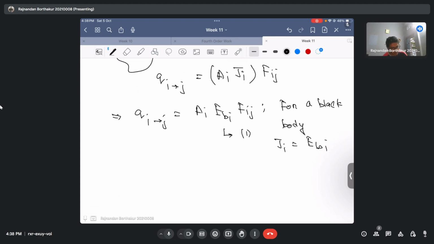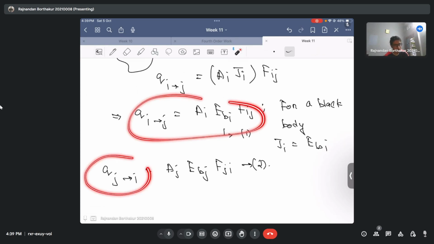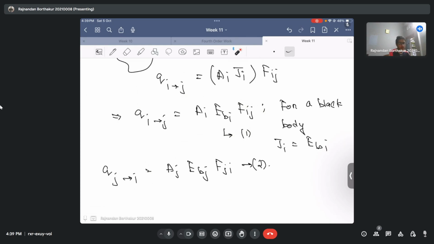In the same sense, if I define QJI, the radiant energy leaving surface J that is intercepted by surface I, I can write it as AJ times EBJ times FJI. This is my number two. That is trivial, since this holds from I to J, I can equally write it from J to I. I hope this is clear to all.